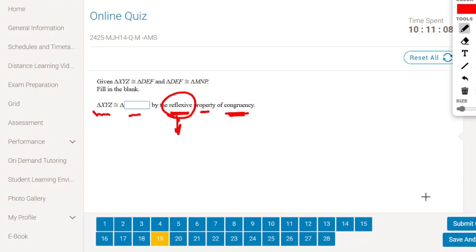That means I am congruent to myself. This is reflexive. It means the triangle is congruent to itself. So the answer will be XYZ. This is the meaning of reflexive. So don't care about these other triangles, because here it's mentioned reflexive.